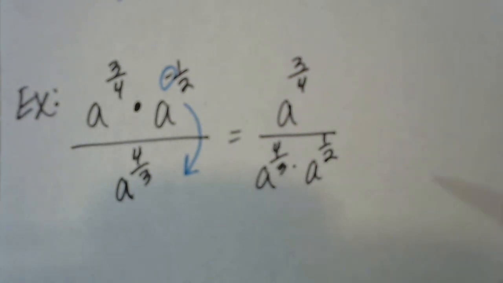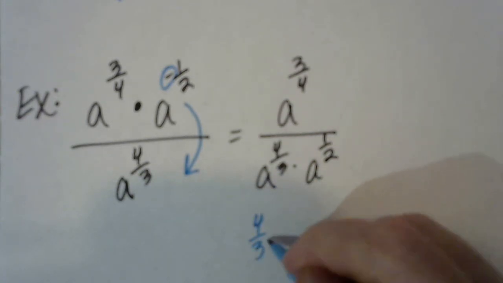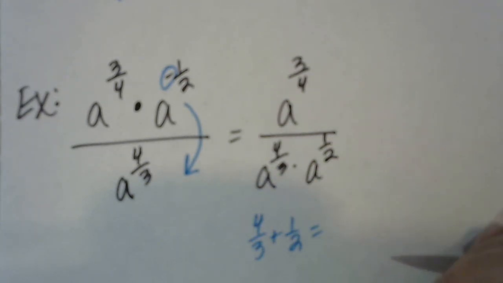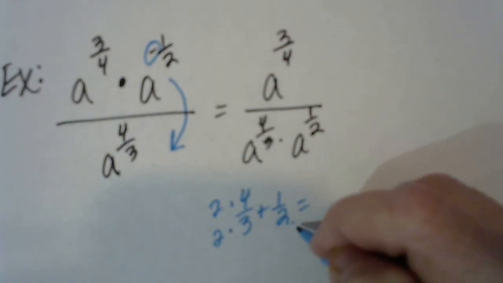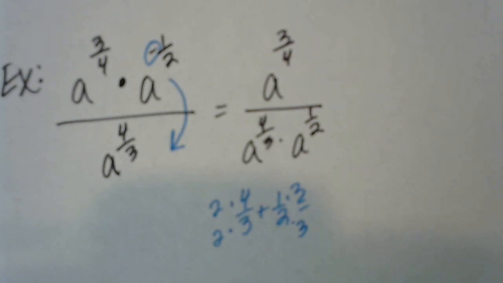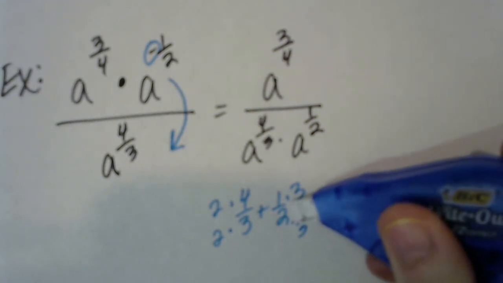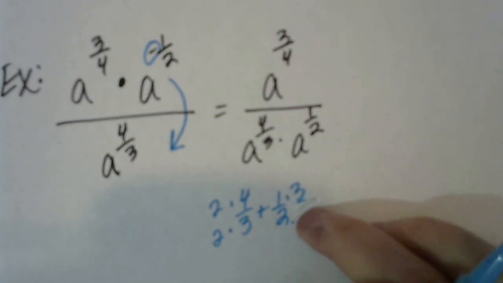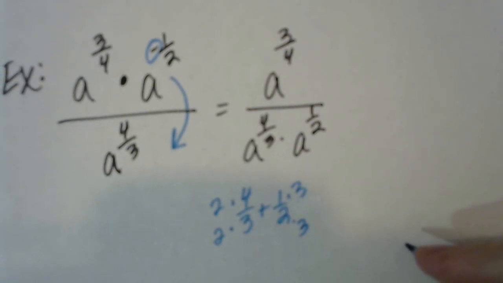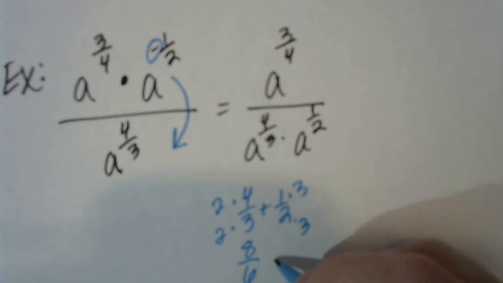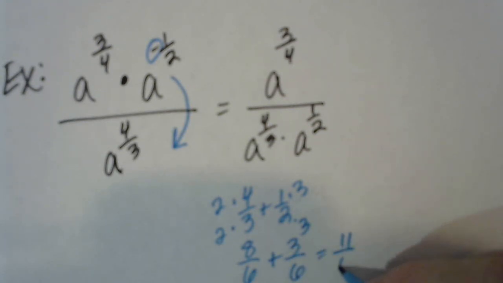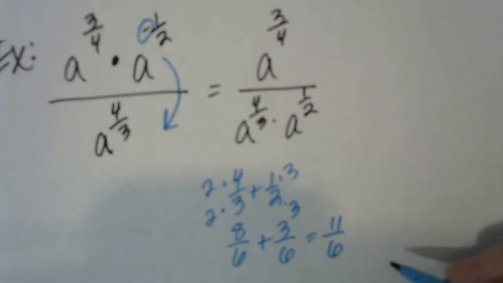So now I can add those exponents, 4/3 plus 1/2. I need a common denominator, so times 2 and times 3 here. 6 will be my common denominator, right? So that's going to give me 8/6 plus 3/6, which is 11/6.